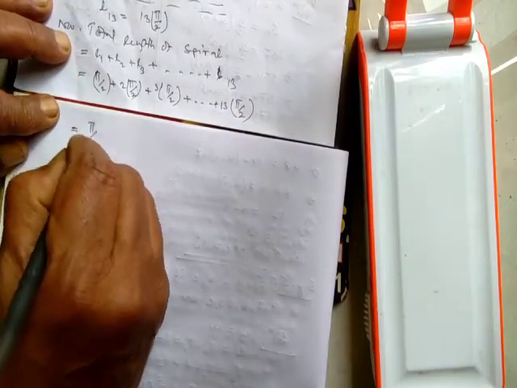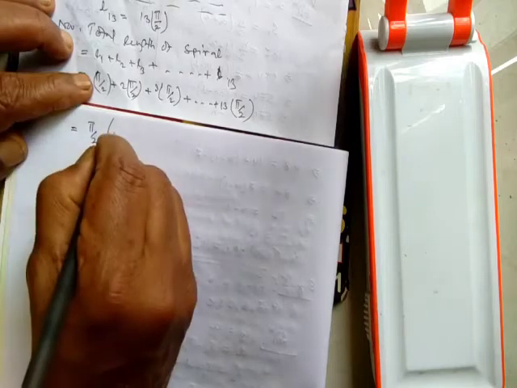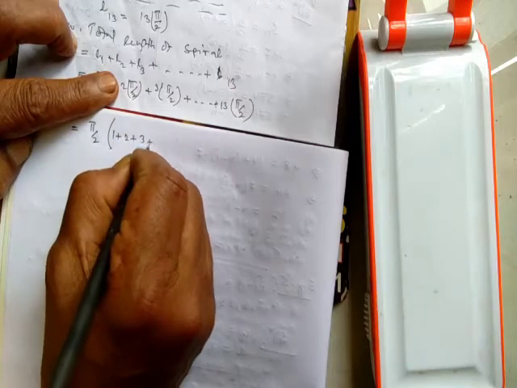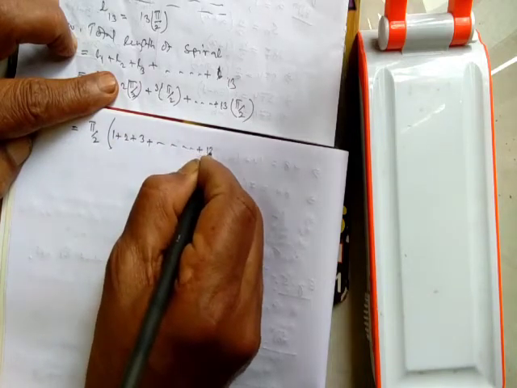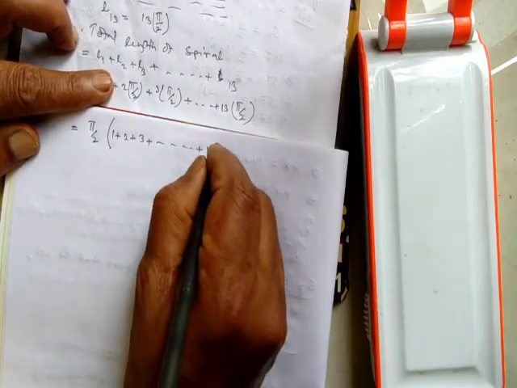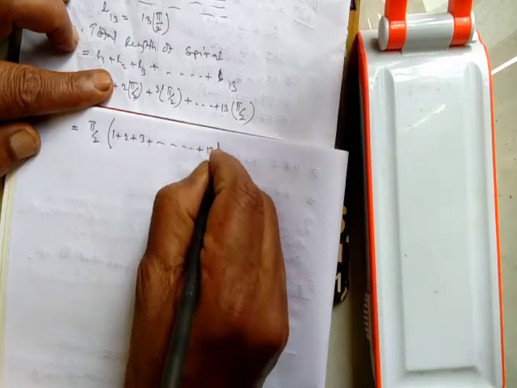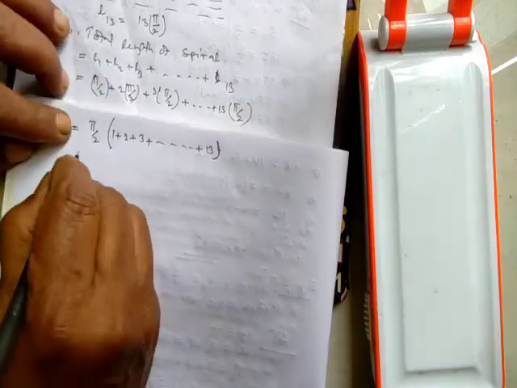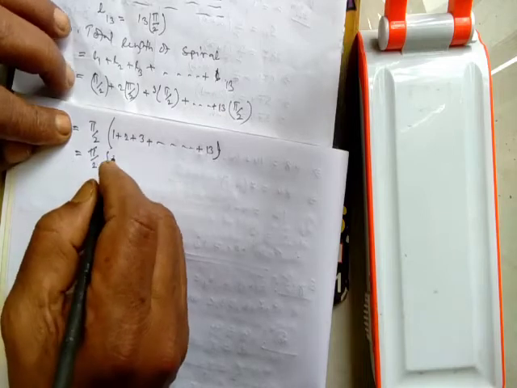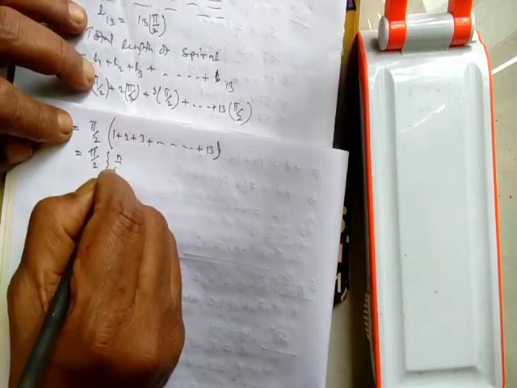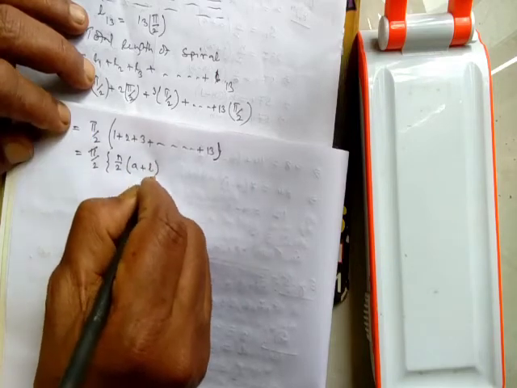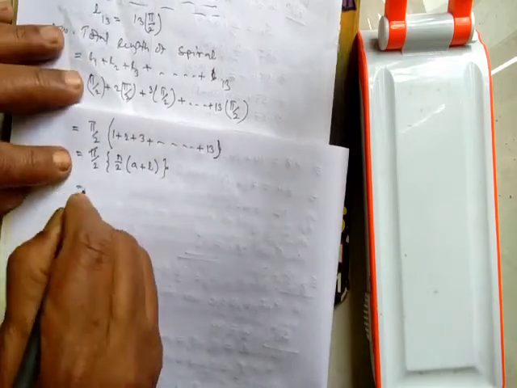From this, I am taking pi by 2 out as common, and inside remains 1 plus 2 plus 3 and so on up to 13. This is equal to pi by 2 into n by 2 into a plus L. I am going to apply this formula.